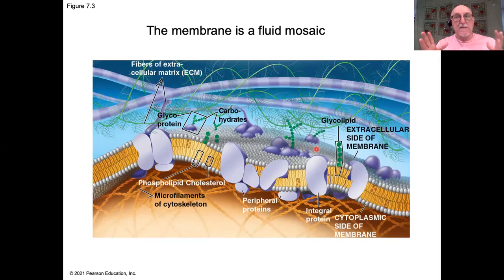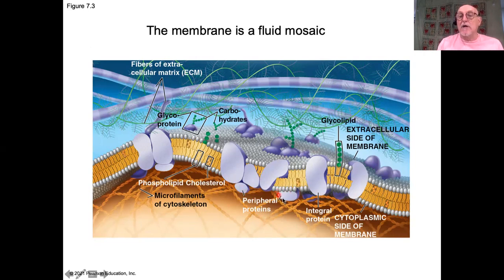There are many proteins associated with the membrane because proteins perform so many different functions, and many of them are membrane associated functions. There are two basic classes of proteins which are associated. The first are called the peripheral proteins, and here they are here. This is the cytoplasm on this side. These are peripheral proteins.